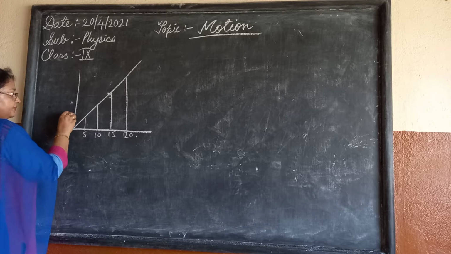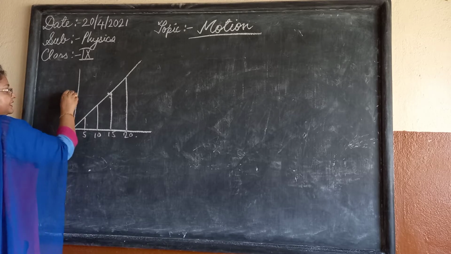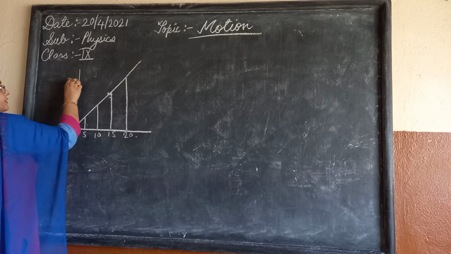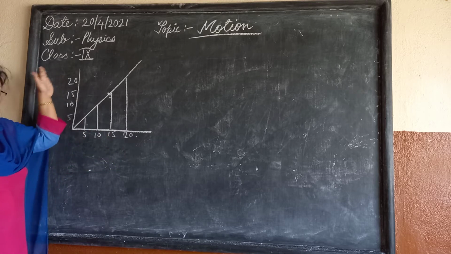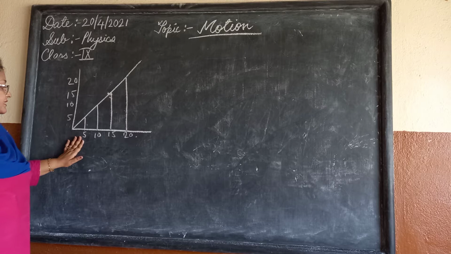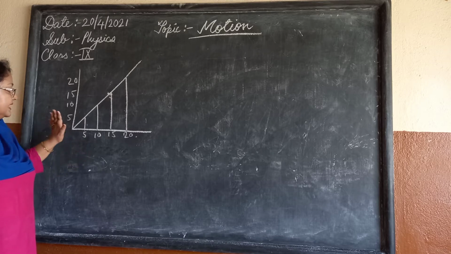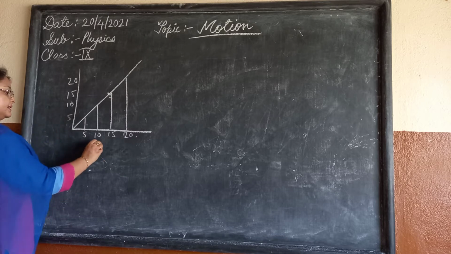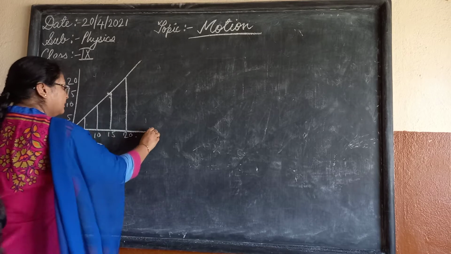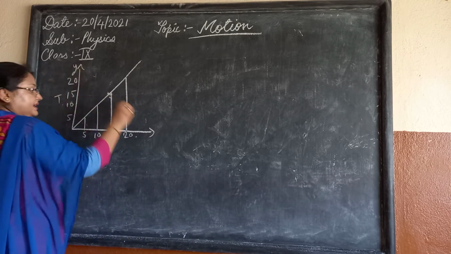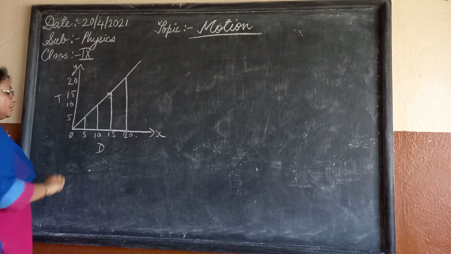This is again 5, 10, 15, 20. There is a uniformity, 5 divisions in each. So when the object is moving with equal distance in equal interval of time, distance here and time here, we can take any value. This is y, this is x, this is O, 0.